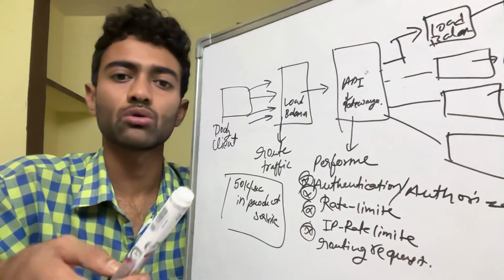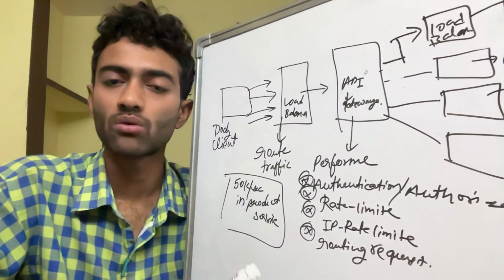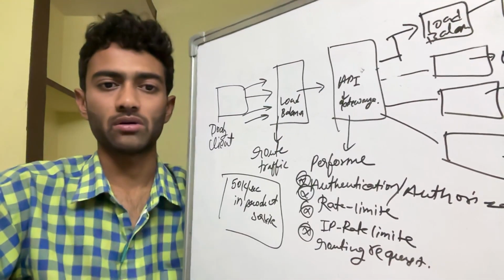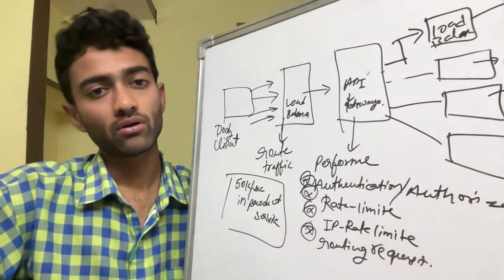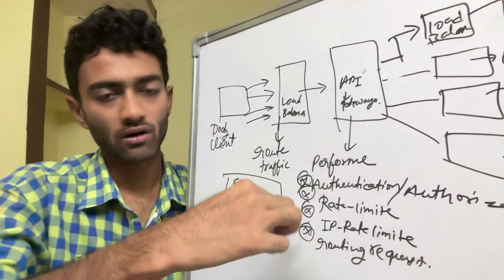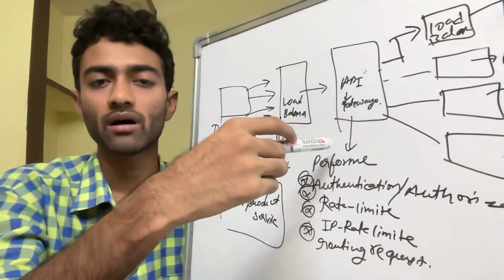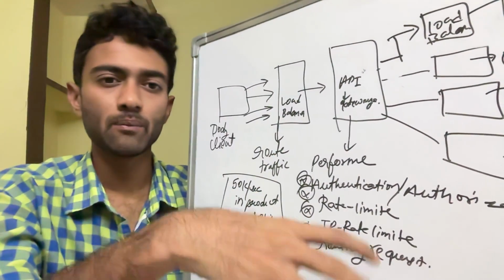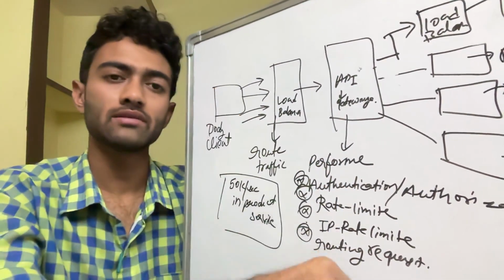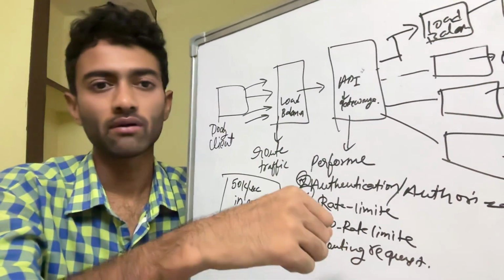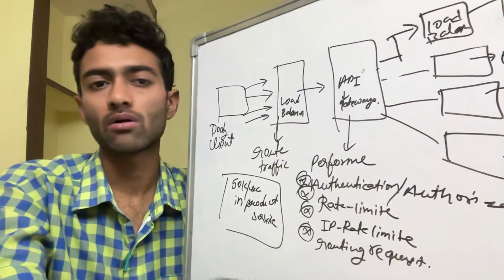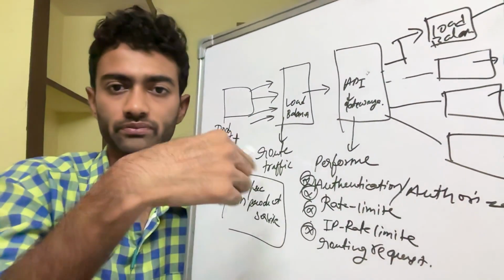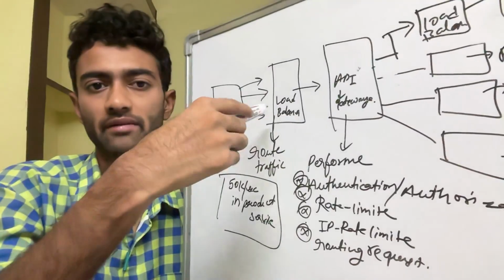If we do not use the API gateway and perform these operations directly in the main server, it will cause very high CPU usage and latency, and it will eventually slow down our servers and our whole system. So this is the reason we use these two components, the load balancer and the API gateway.